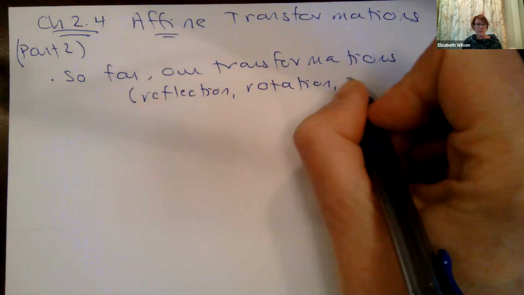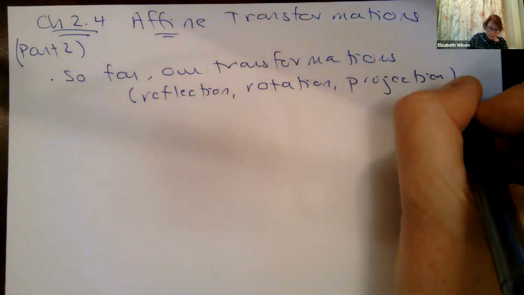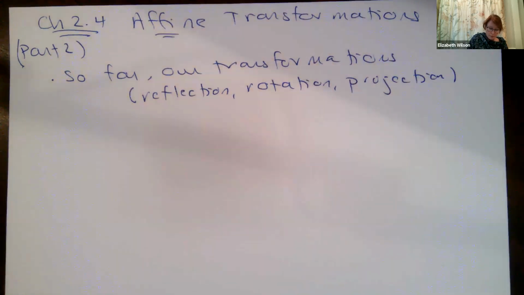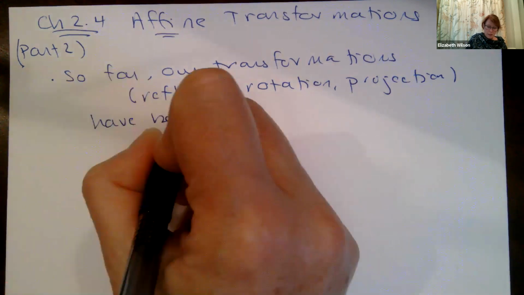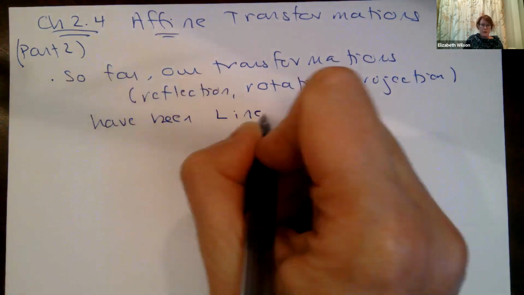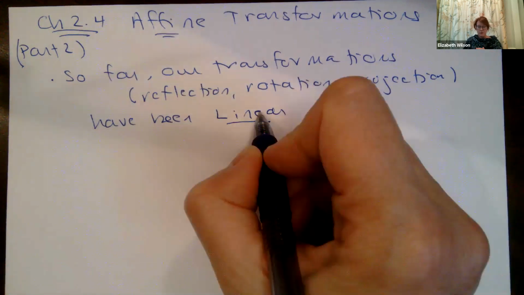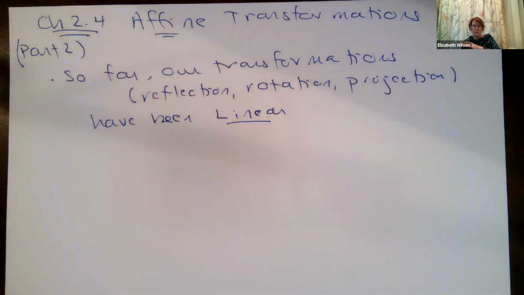All the transformations that we've done have been linear. Which means that the thing that we're transforming around, that I'm trying to reflect across a line, rotate around the plane, project onto a plane and project onto a line, all of those things, that line, those planes, have been passing through the origin.